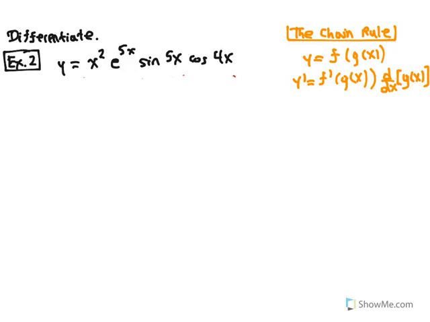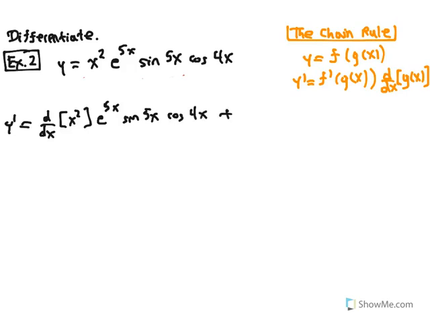And of course, since we have a function that is the product of 4 differentiable functions, to find the derivative, here's what we must do. So we have y prime, and our derivative will have 4 terms. And in the first term, we would find the derivative of the first function, multiply by the second, the third, and the fourth functions.